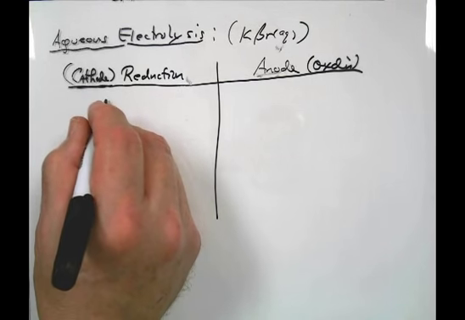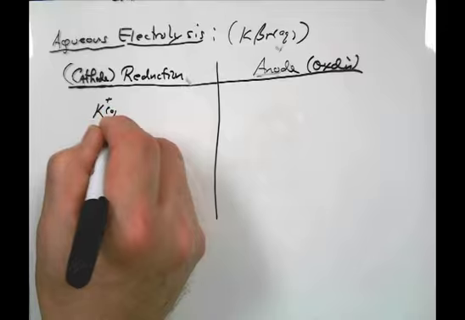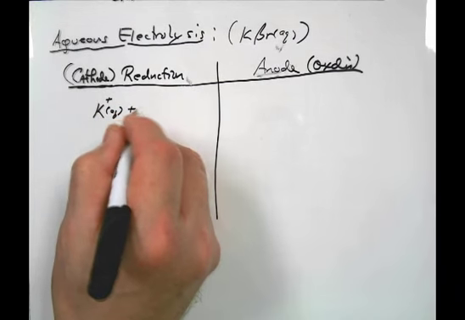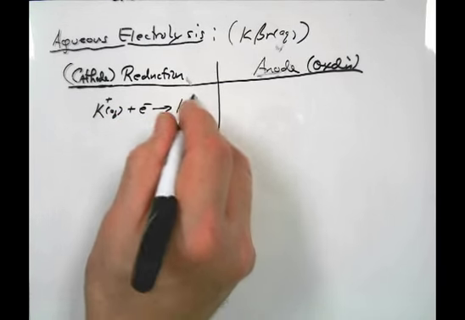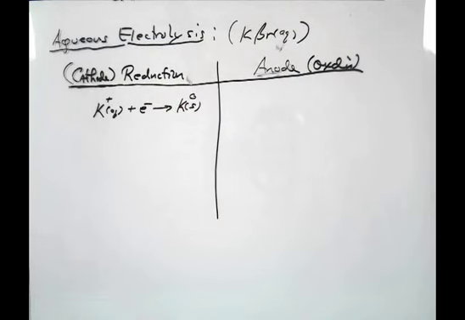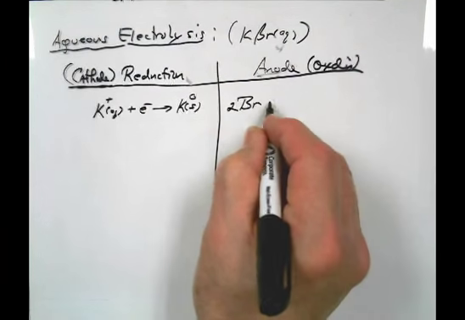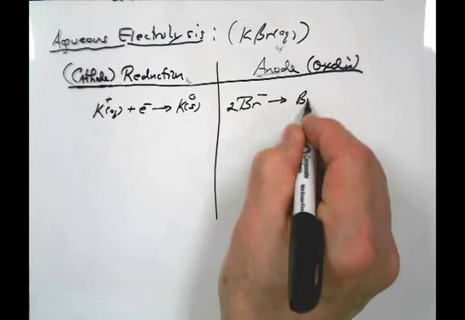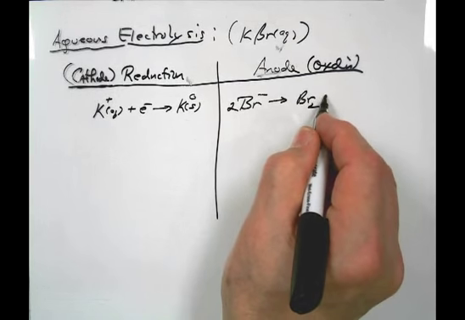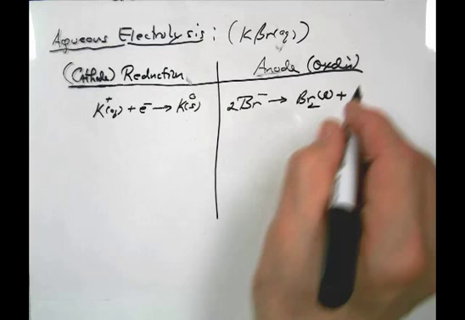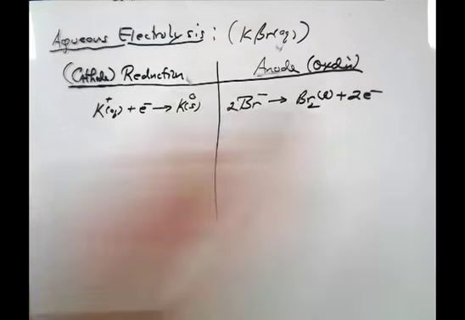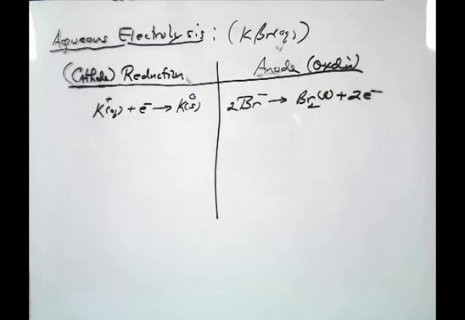Potassium, aqueous, plus an electron goes to potassium, basic standard state, if it occurs. And the bromide undergoes oxidation to bromine, its liquid form, plus a couple of electrons like that. You don't have to double or add them together or anything. Now this is what the salt ions potentially do.